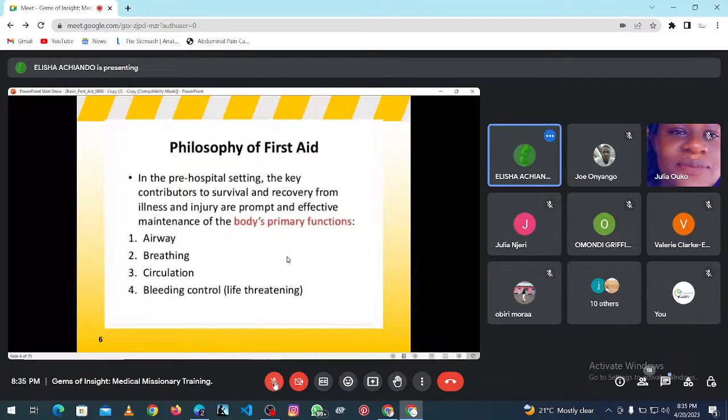So it is ABCD. A is airways. We are dealing with breathing and circulation. In a few, we'll be able to understand why these are very important.